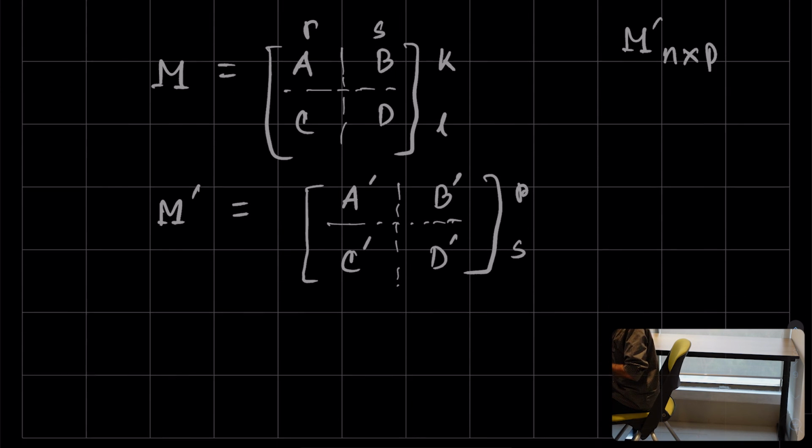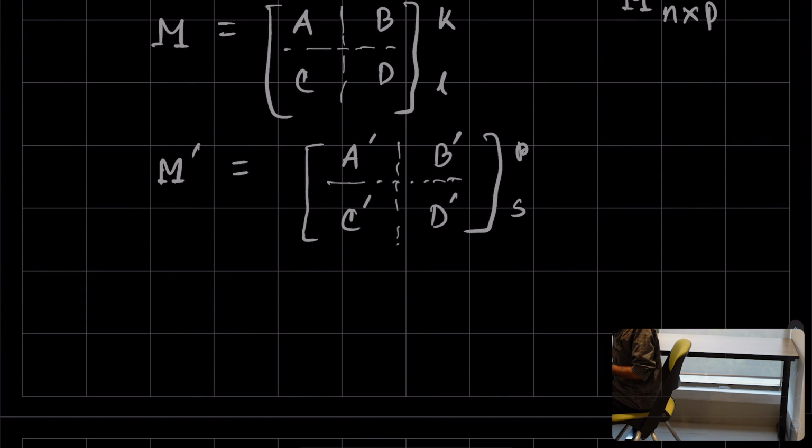So what is the matrix multiplication of M and M prime then? I can multiply A with A prime, because the number of columns in A is R and the number of rows in A prime is also R. So the multiplication of A and A prime makes sense.